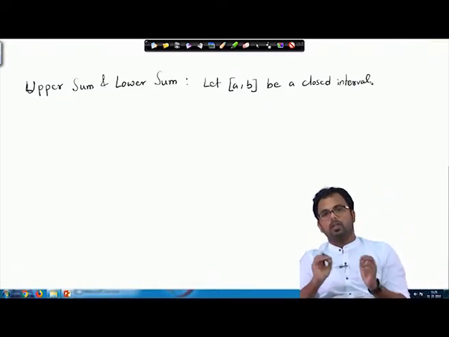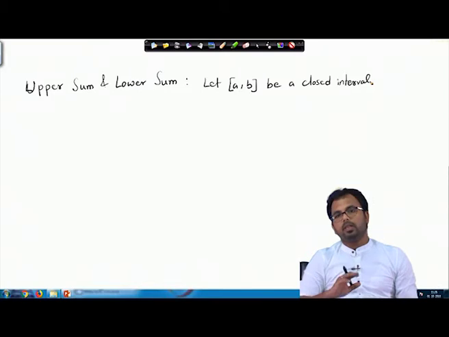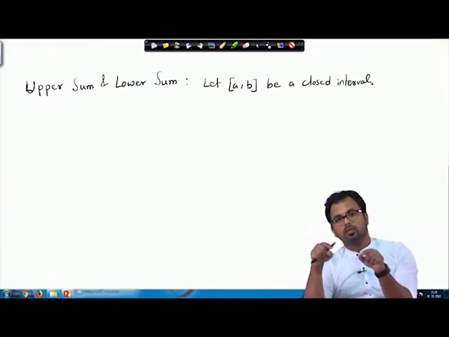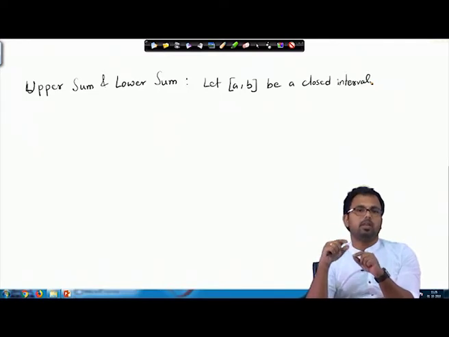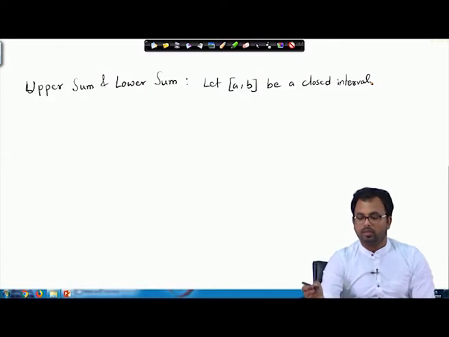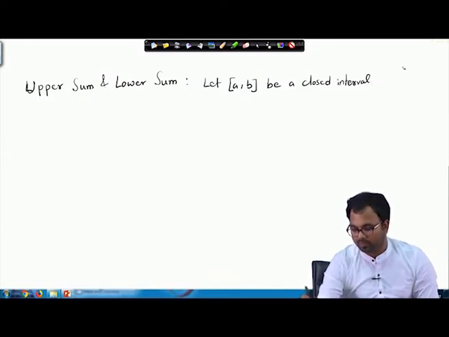Just to give you an idea, when we say a closed interval, that means both the endpoints of that interval are included, and when we say an open interval, then the endpoints are not included, and then you write it open interval something like this.